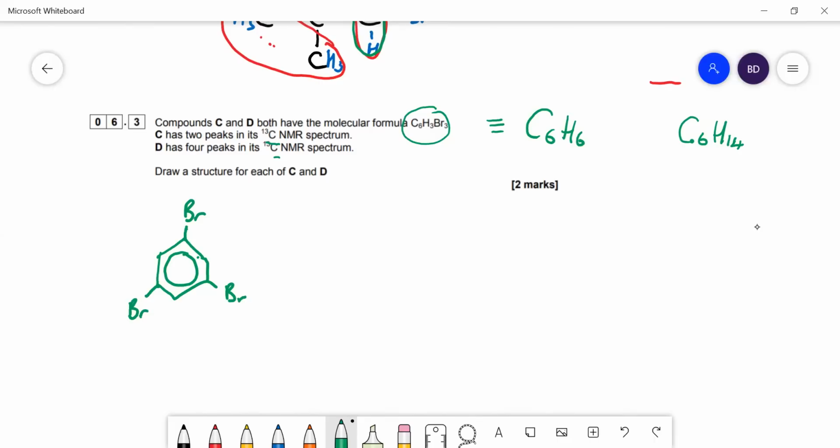Now, you can see there that these carbons, they're all the same as each other. And these are all different. Let's do it in blue. Blue ones, they're all different. So you've got 2 peaks there in the 13C. So that would be C, right? Now we know we can't have that for D. Let's just try one with 4 peaks now. How are we going to manage that?